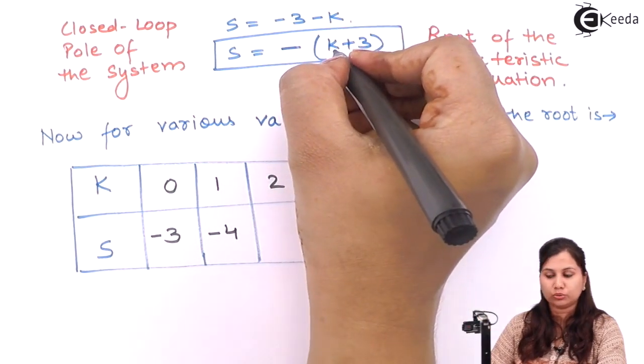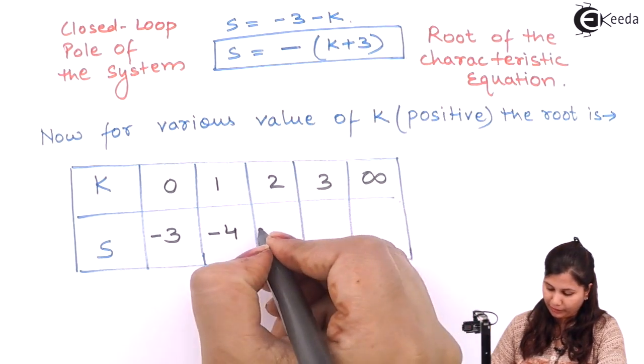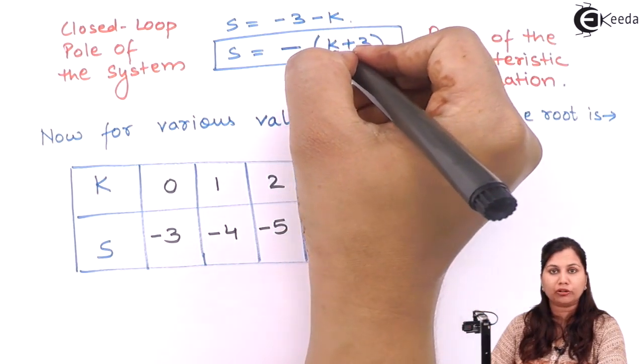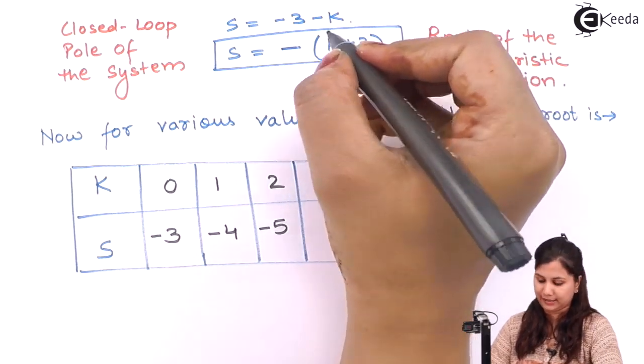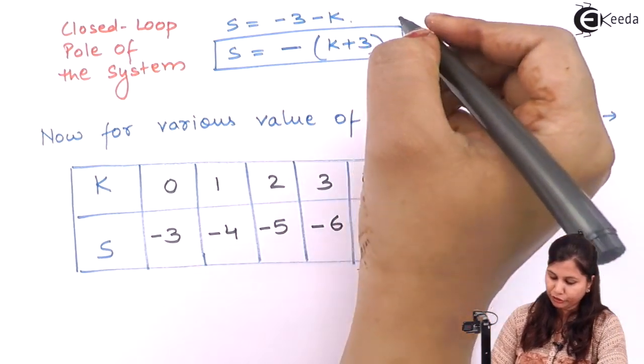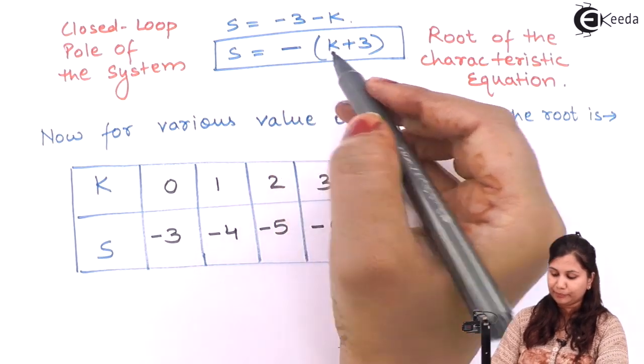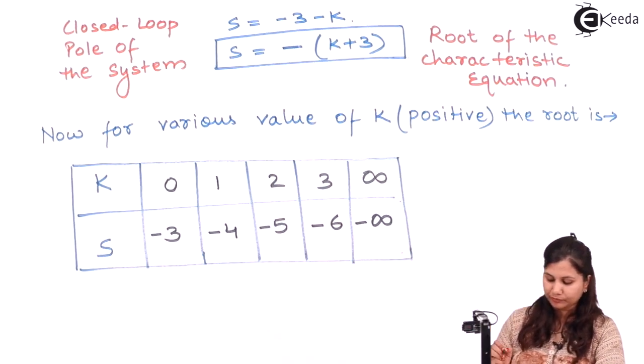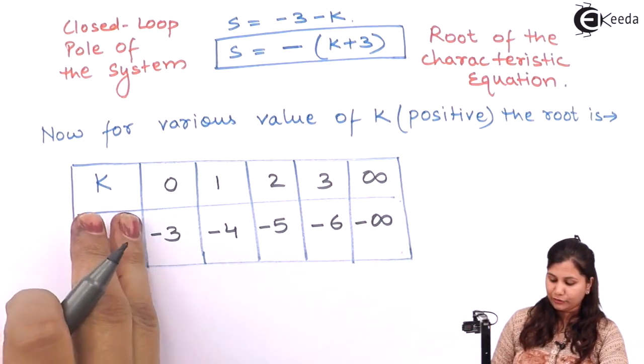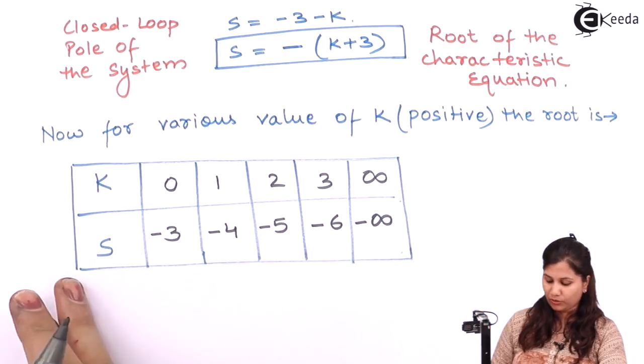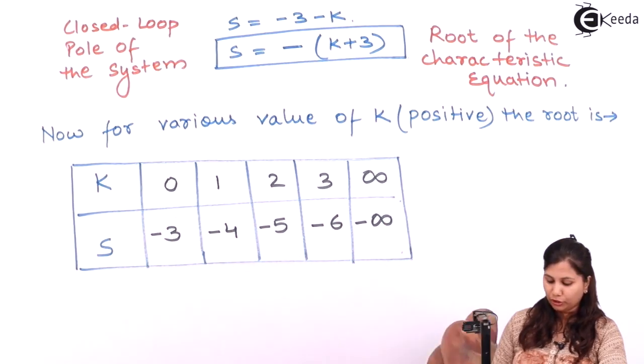If we put 2, then 3 plus 2 is 5, so minus 5. If we put 3, then 3 plus 3 is 6, so minus 6. And if we put infinity, then it will be minus infinity. So as the value of K is changing, we are getting different values of the root.